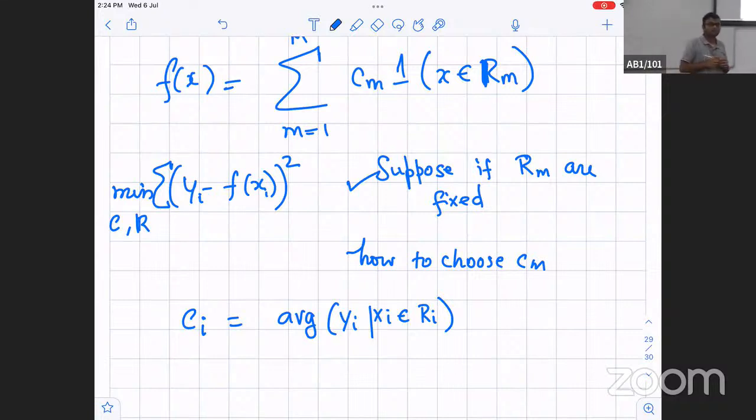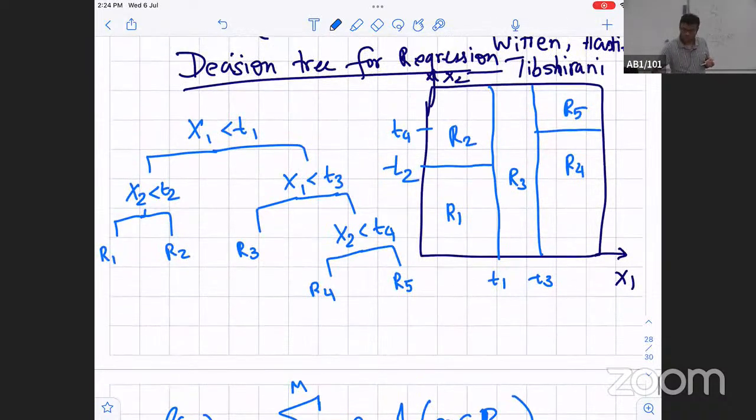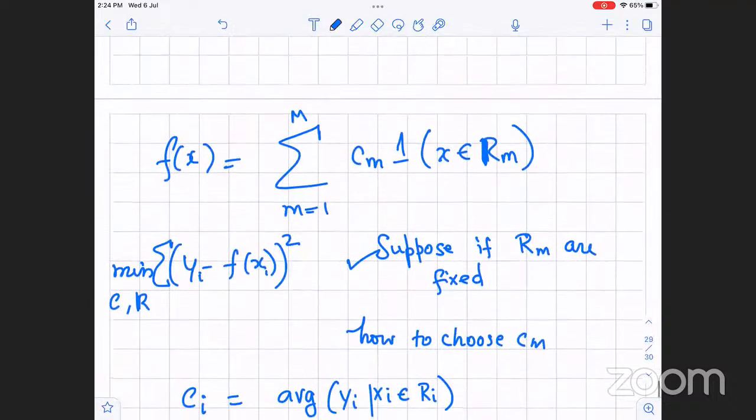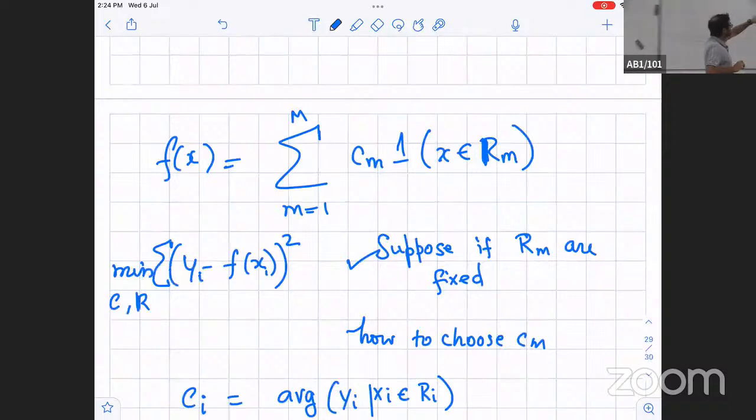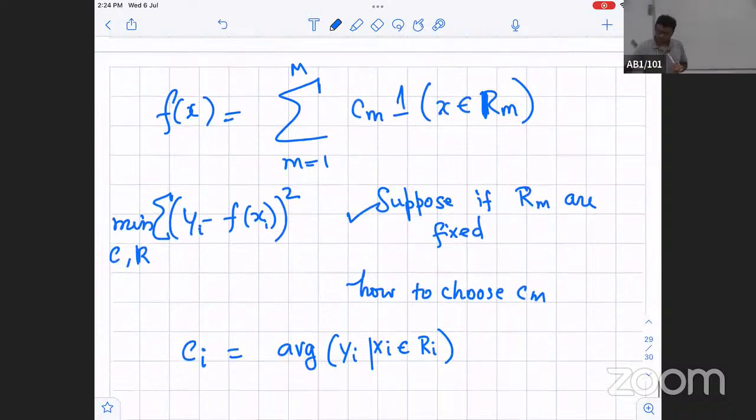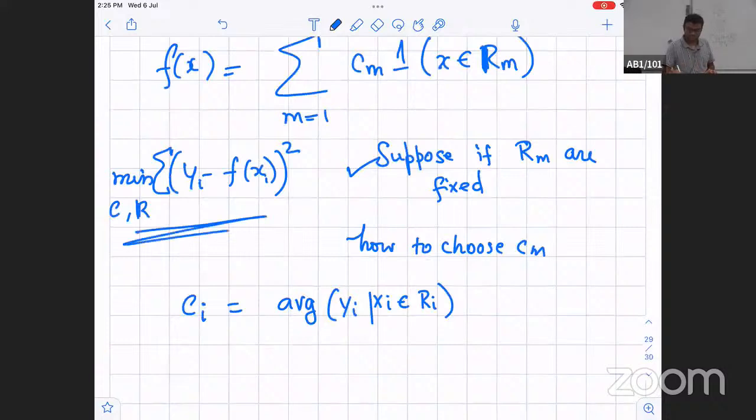Did you follow how a decision tree works? It divides the space into pieces. What the decision tree for regression does is that for every region, I have to fix one value, and the way I fix that value is so as to minimize this error.